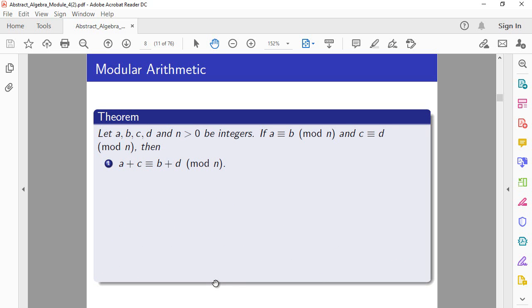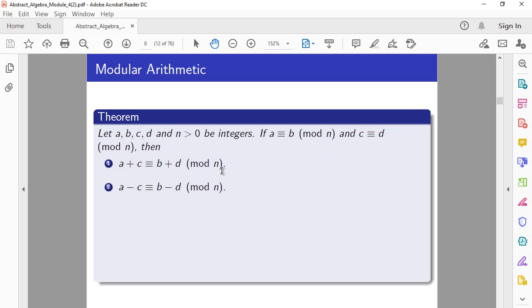Let a, b, c, d be integers and n be a positive integer. If a is congruent to b mod n and c is congruent to d mod n, then we can say, number one, that a plus c is congruent to b plus d. That is, if I add the left hand sides and the right hand sides, then the sum of the left hand sides is congruent to the sum of the right hand sides.